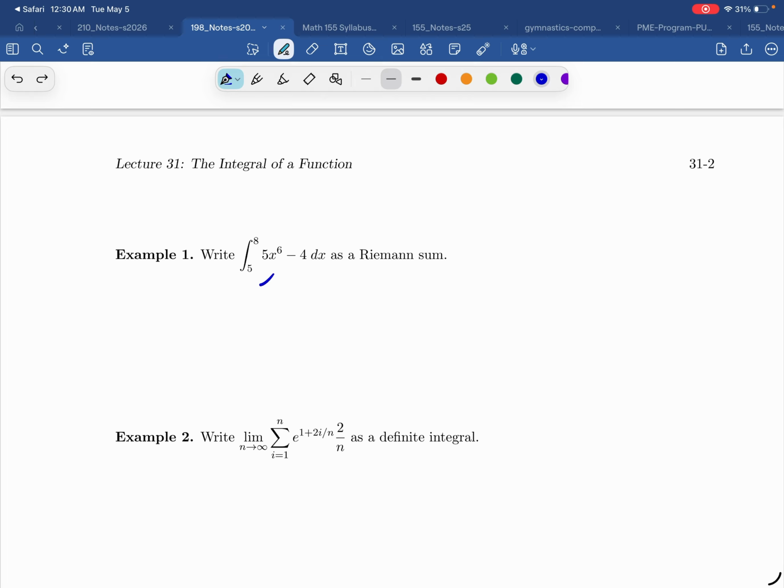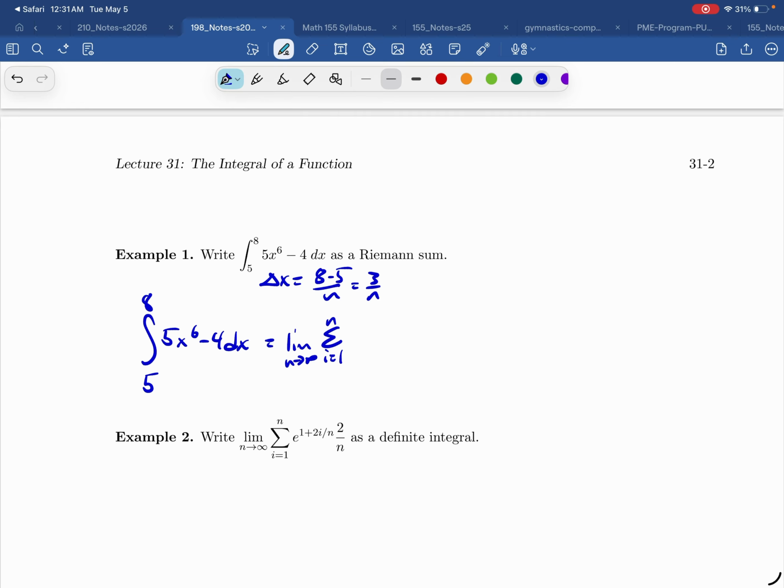Well, we'd say, okay, delta x equals 8 minus 5 over n, which is 3 over n. And we know by definition that the integral of this equals the limit as n approaches infinity of the sum from 1 to n of, so what's it going to be?